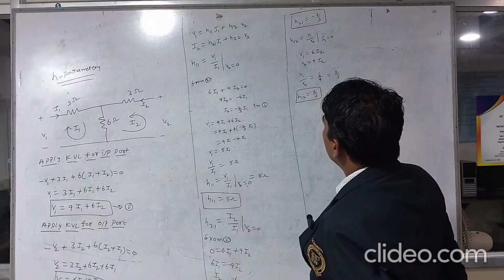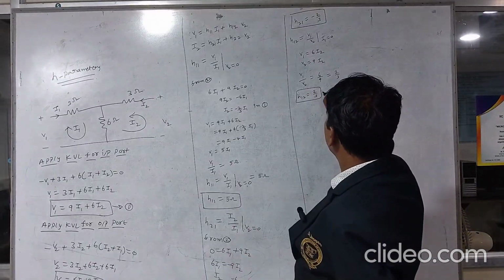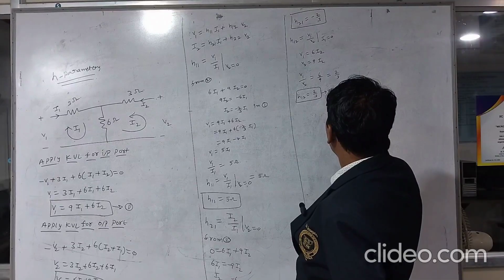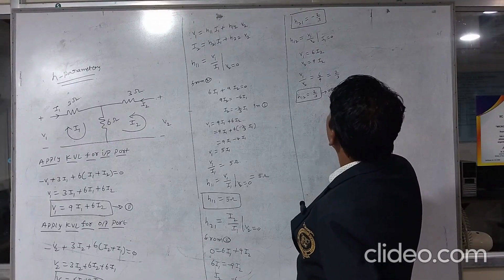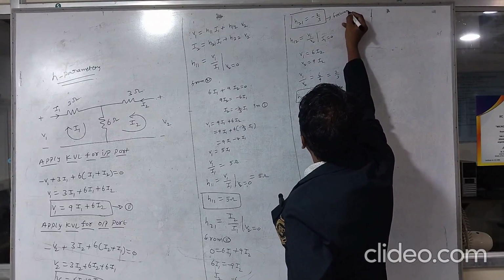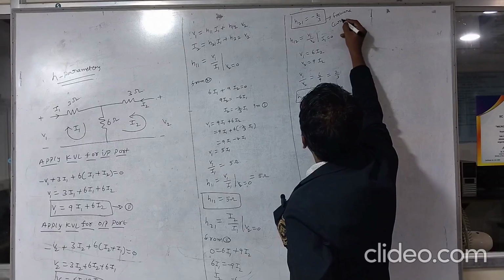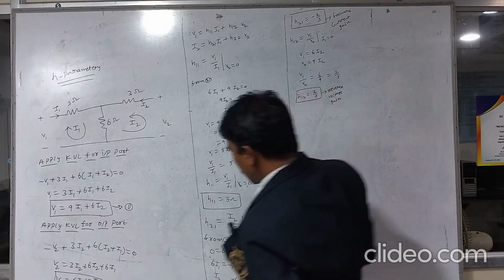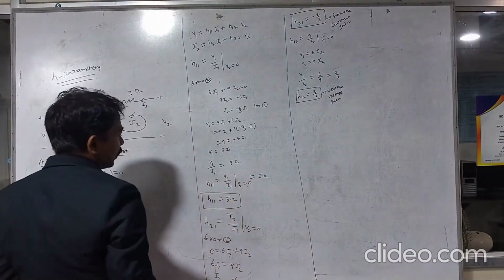Where H12 is called the reverse voltage gain. Where H21 is called the forward current gain. Similarly, H11 belongs to input impedance.